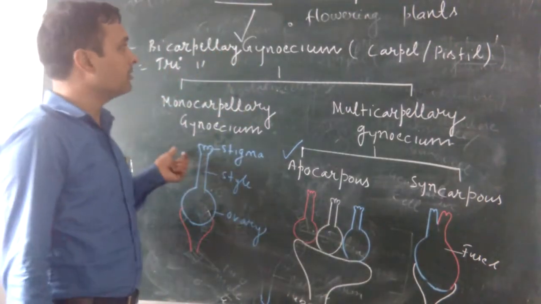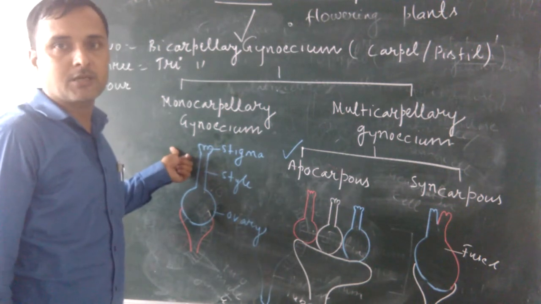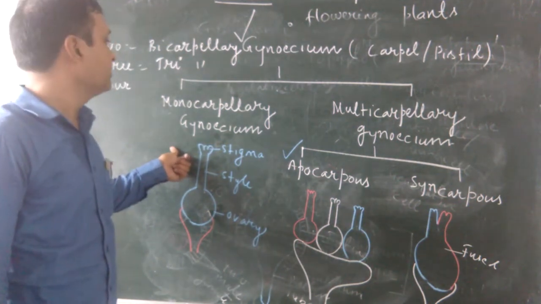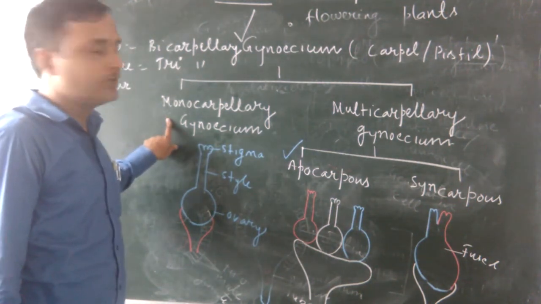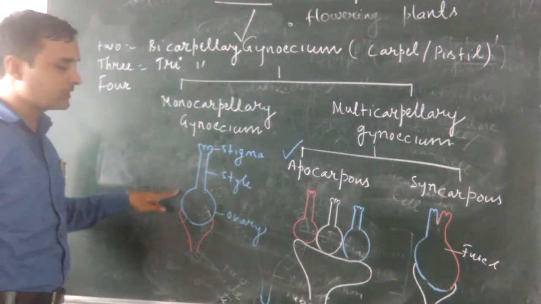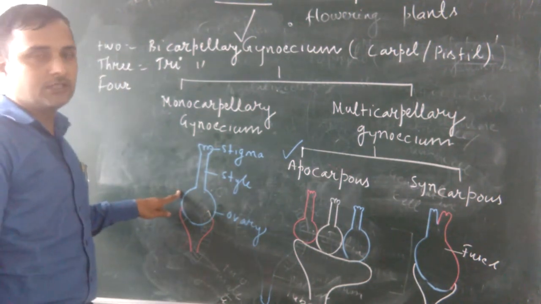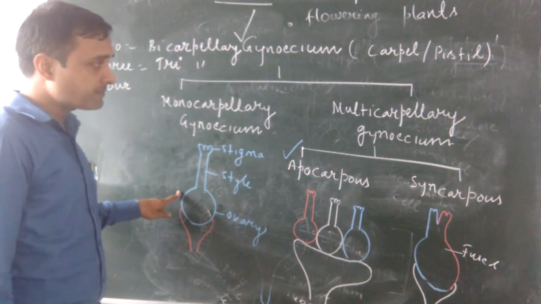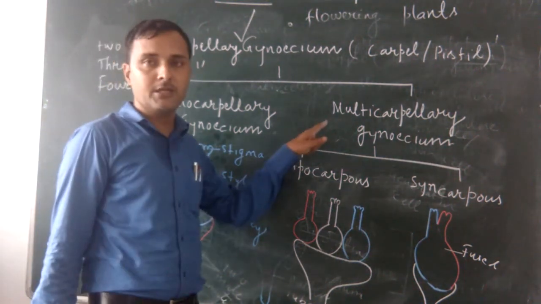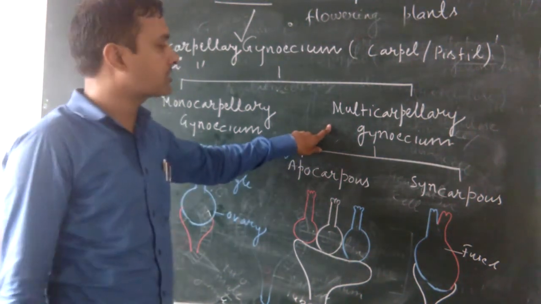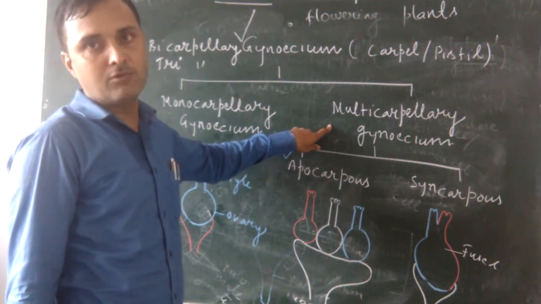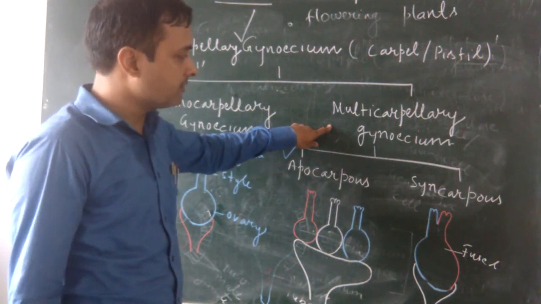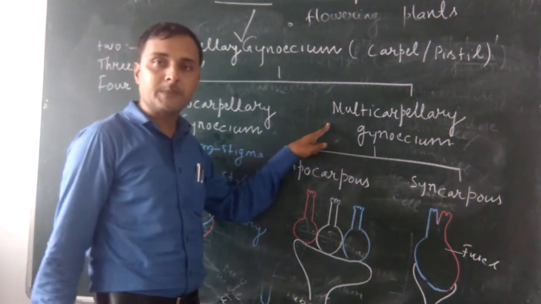So this is all about types of gynoecium in flowering plants. Once again, what do you mean by monocarpellary gynoecium? When the gynoecium consists of only a single carpel, it is known as monocarpellary gynoecium. And what do you mean by multicarpellary gynoecium? When the gynoecium consists of 2 or more carpels, it is known as multicarpellary gynoecium. Multicarpellary is further classified into 2 types.